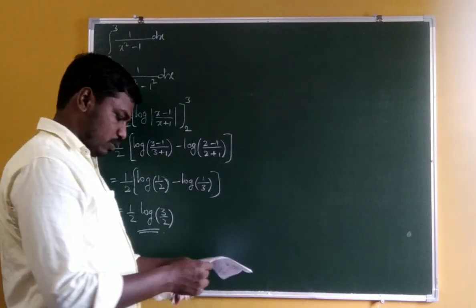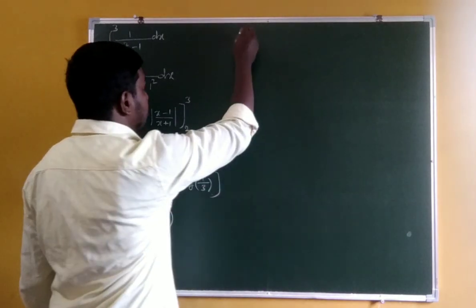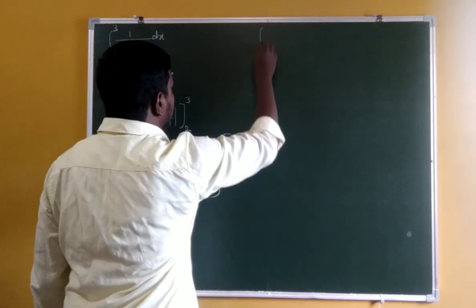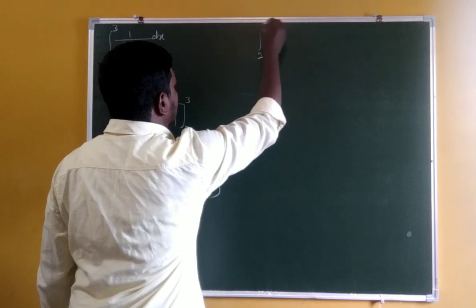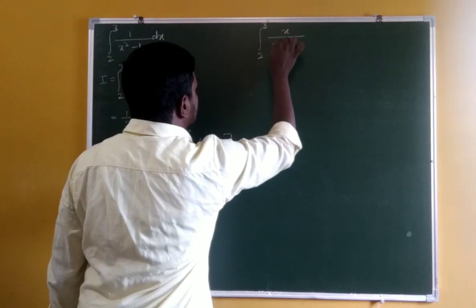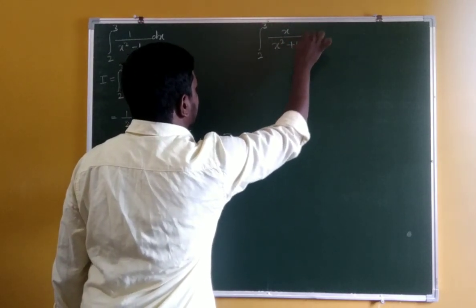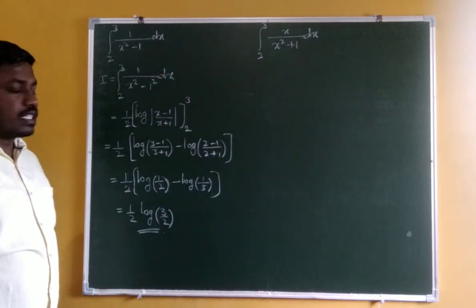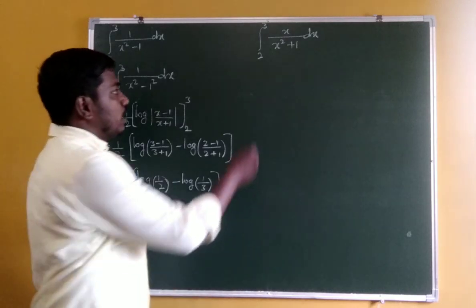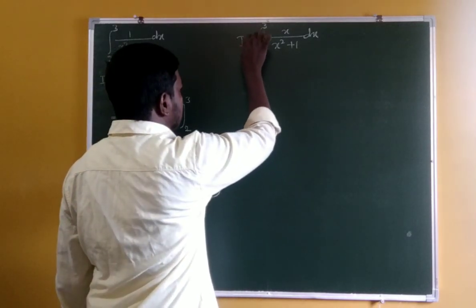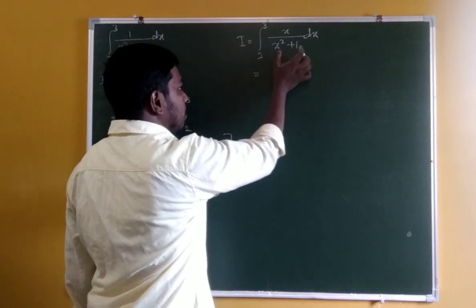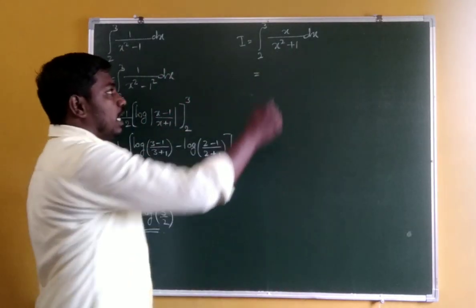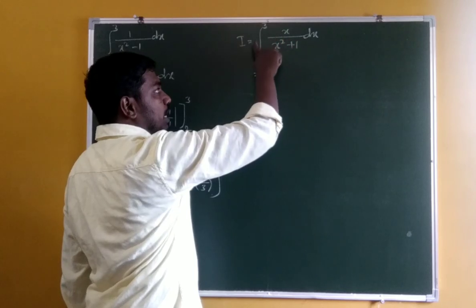Okay, next problem. Integration from 2 to 3 of x divided by x square plus 1 into dx. Solution. The derivative of x square plus 1 is 2x. We don't have 2x, so we can multiply and divide by 2.